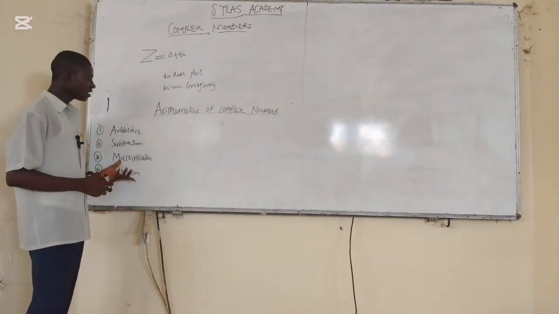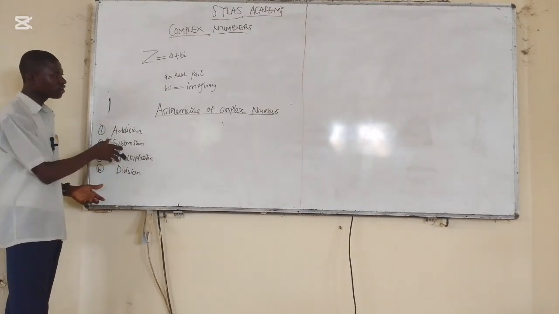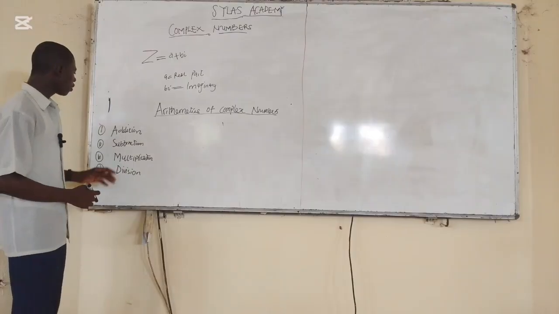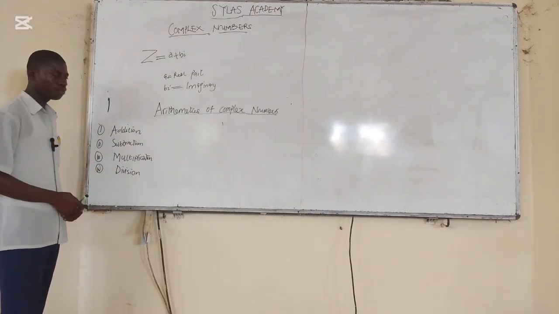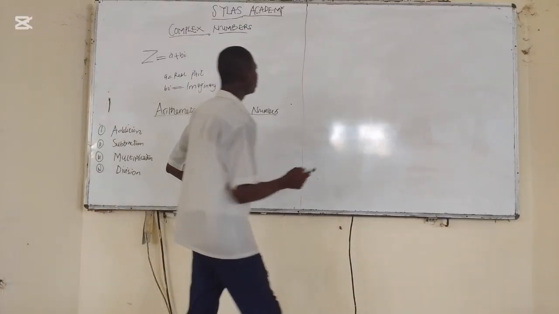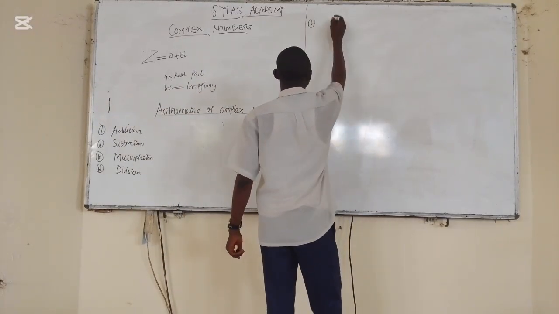These are the four guys that make up the arithmetics of complex numbers. Now, we are going to simplify them one after the other by taking examples. Let's start with the addition of complex numbers.